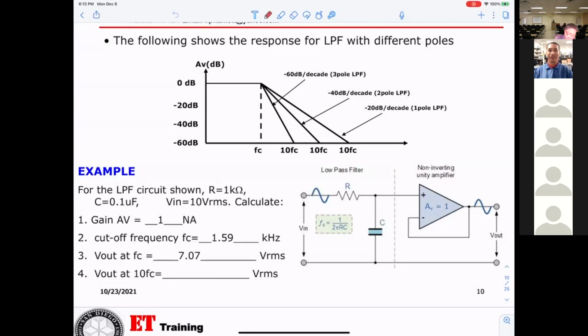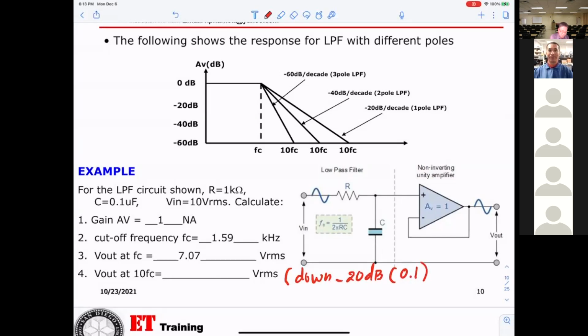Okay, so basically at 10 times FC, that means the output will be down minus 20 dB, which is equivalent to 0.1.